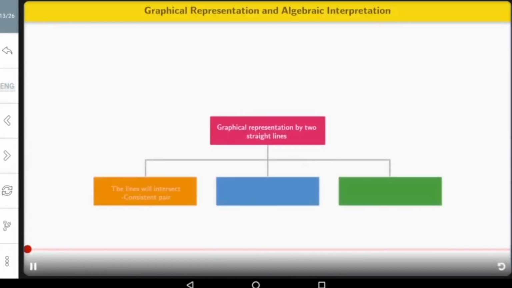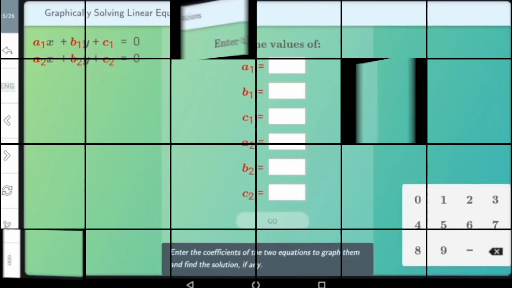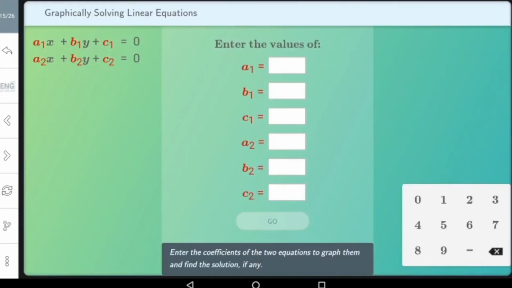We have learnt that a pair of linear equations can be of three types. Let's understand how to interpret algebraically the type of linear pair two equations will form. I am now skipping to one of the interactive screens that allows students to apply what they have just learned.